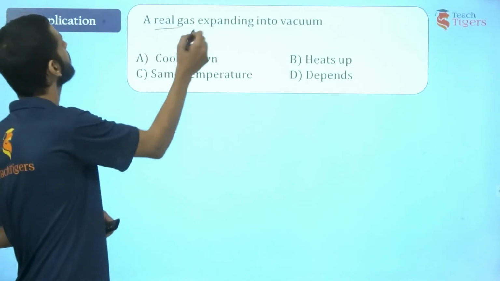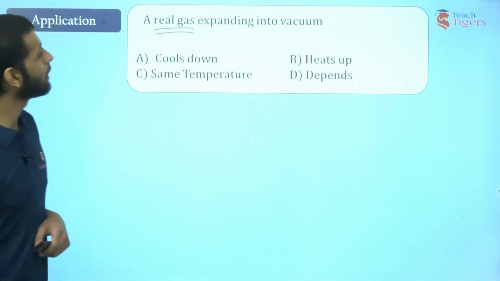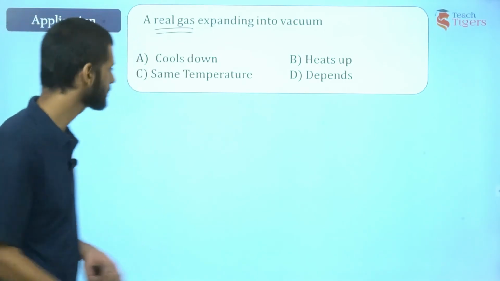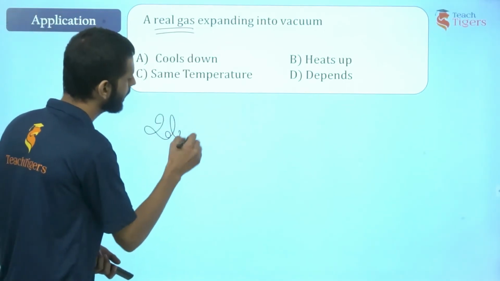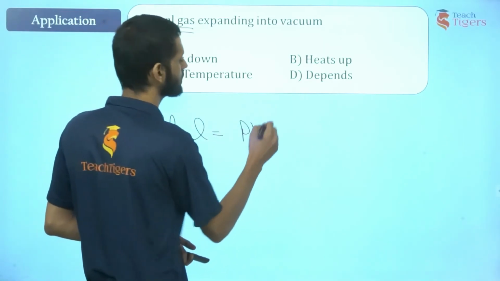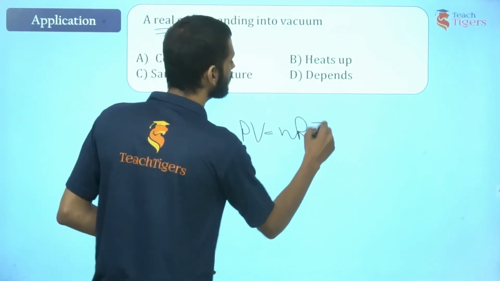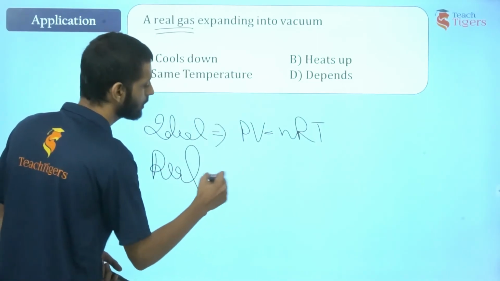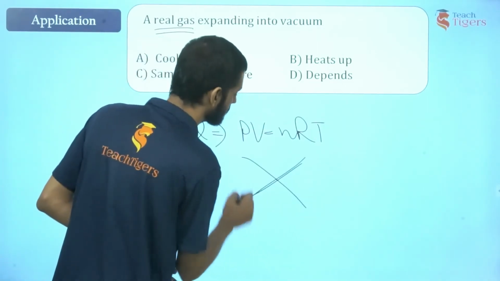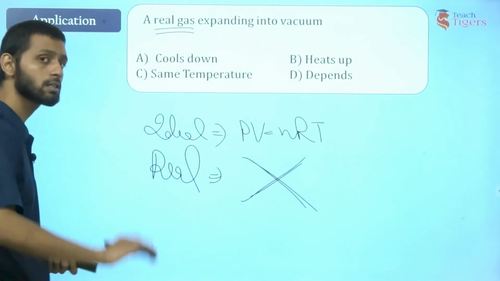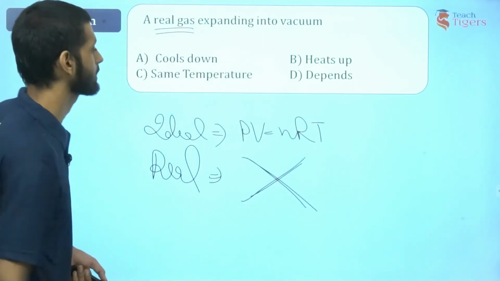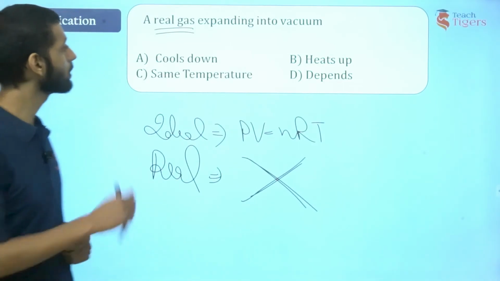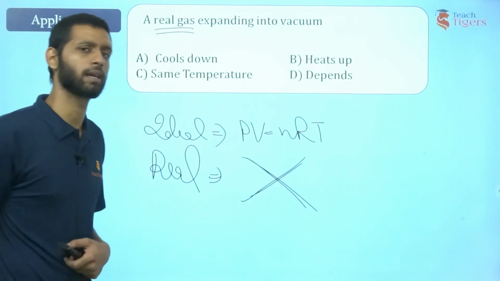Now a real gas expands. What's the difference between real gas and ideal gas? Ideal gases follow the equation of state PV equals nRT. In case of real gases, this is not true. PV is not equal to nRT for real gases. So when a real gas expands into vacuum, does it cool down, heat up, stay at the same temperature, or depend on something?